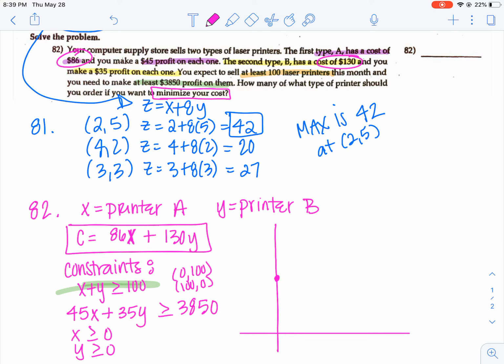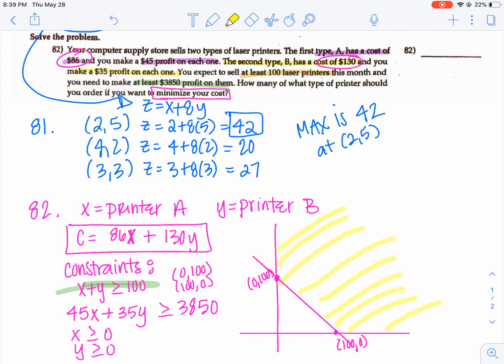So this is at (0, 100), and then you have (100, 0). Let's connect those two. There's one line. I need to be less than. Oh no, greater than. So we're going to shade out this way.